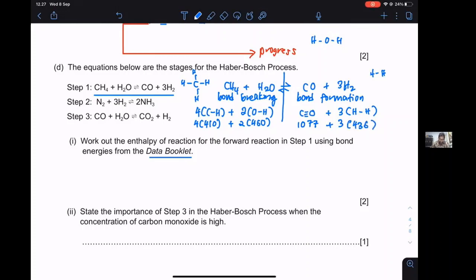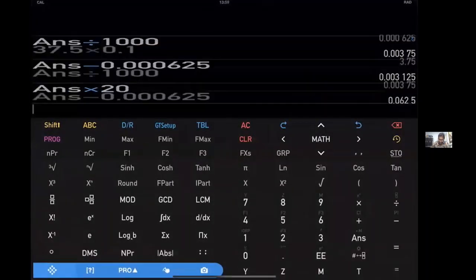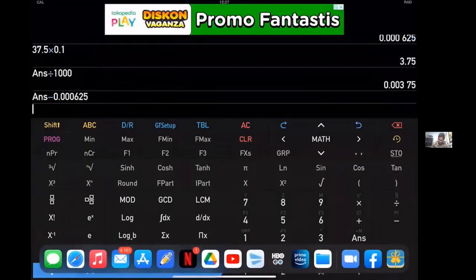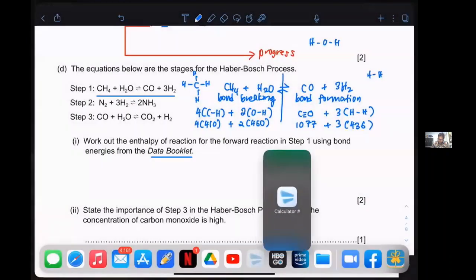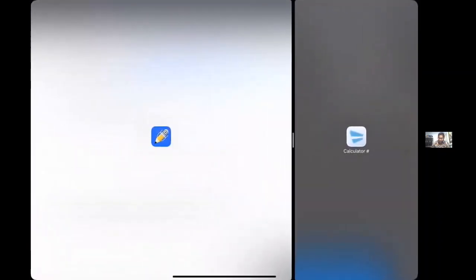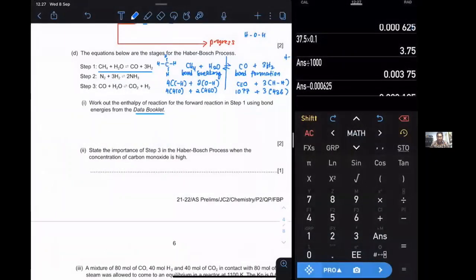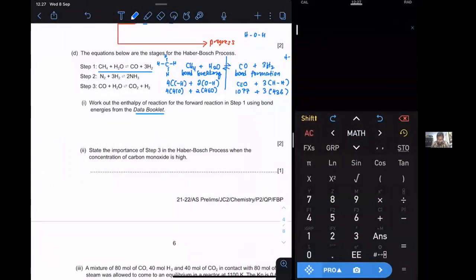Here I will just get the calculator. If I want to calculate now, for example, 4 times 410, I'm going to get 1640. 2 times 460 is 920.